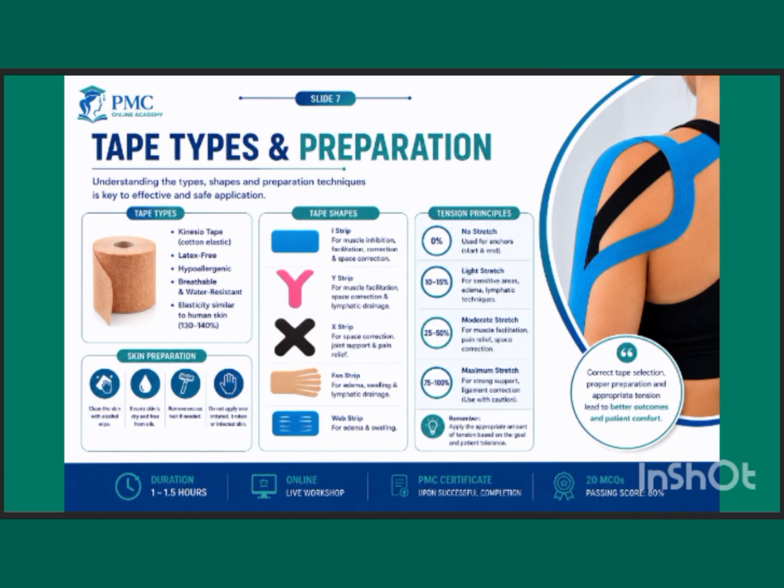X strip, useful for muscles that change length significantly during movement. Fan strip, commonly used for edema or lymphatic drainage. Web strip, also used to help manage swelling. Choosing the correct shape depends on the muscle, joint and treatment objective.